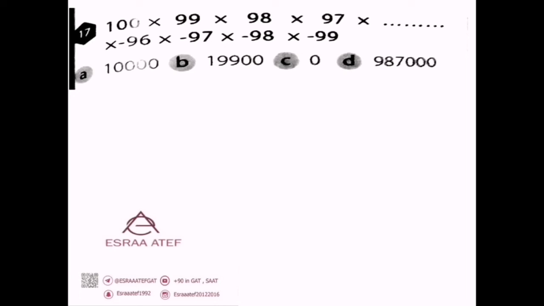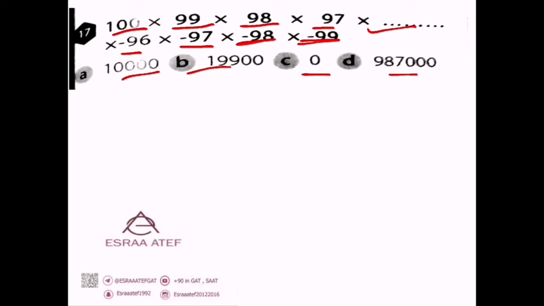Okay, here 100 times 99 times 98 times 97 times what? Times negative 96 times negative 97 times negative 98 times negative 99. How can we solve it? Okay, so which number we will choose? It's like a sequence.